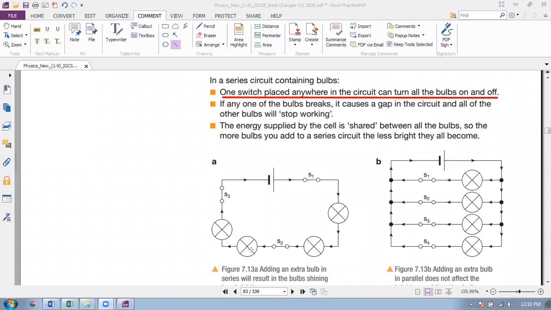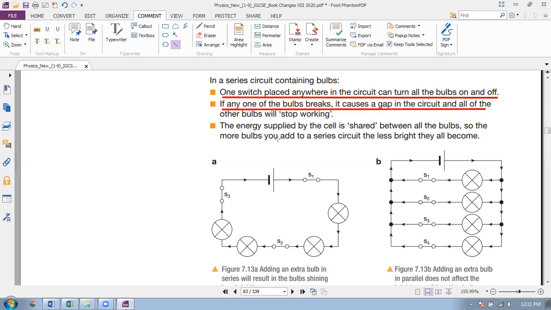It cannot conduct any more electricity or current. But in a parallel circuit, it does not happen. If this bulb does not work, current can go through other branches. So this is the first line that you must mark. It stops working.